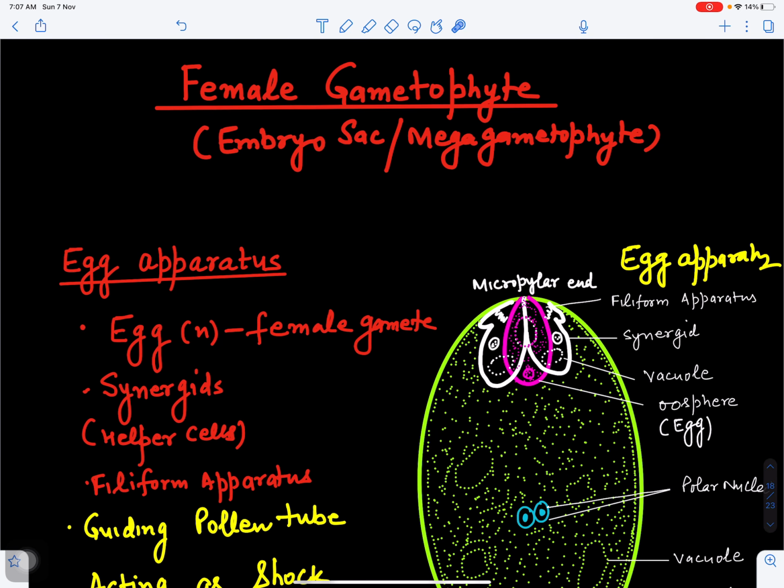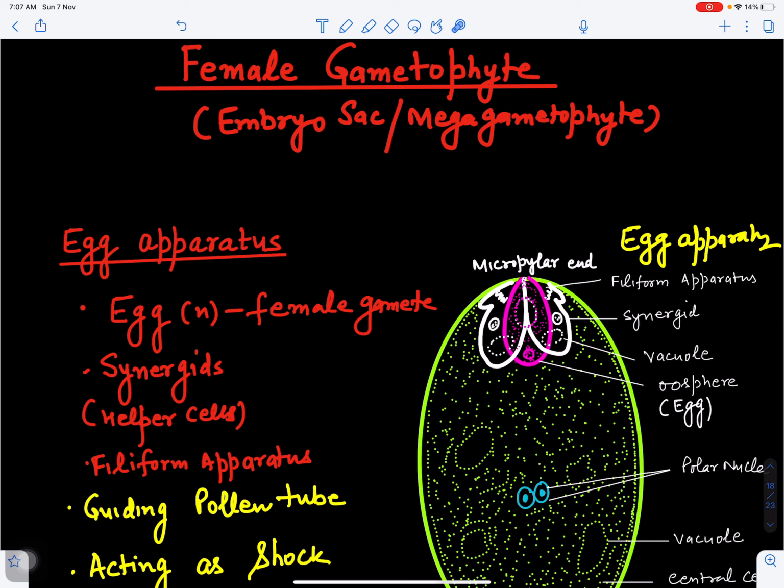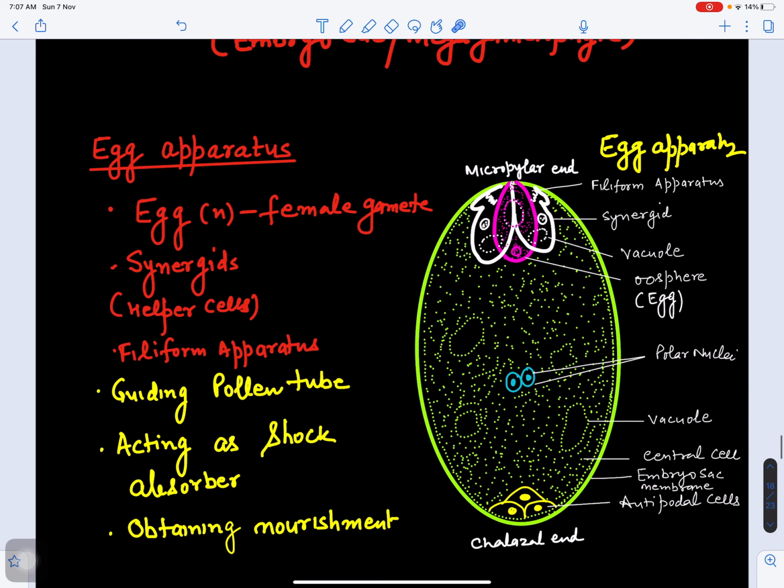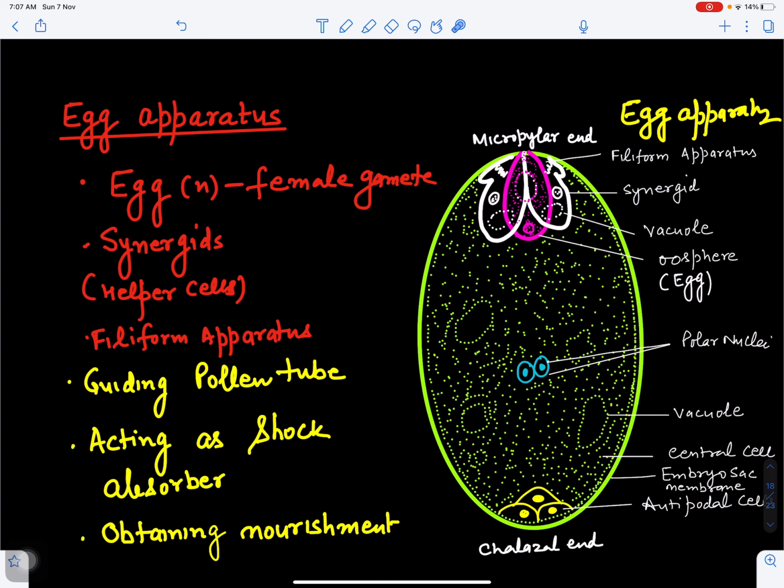Now if we see the structure of the mature embryo sac or the gametophyte, this is the structure of the mature embryo sac. We can see again this part is the egg, right? This is also called the female gametophyte because this functional megaspore has been produced after meiosis. So all the nuclei will be haploid in nature.